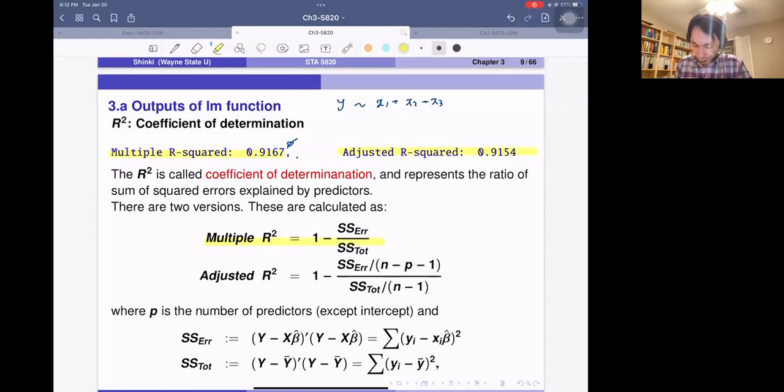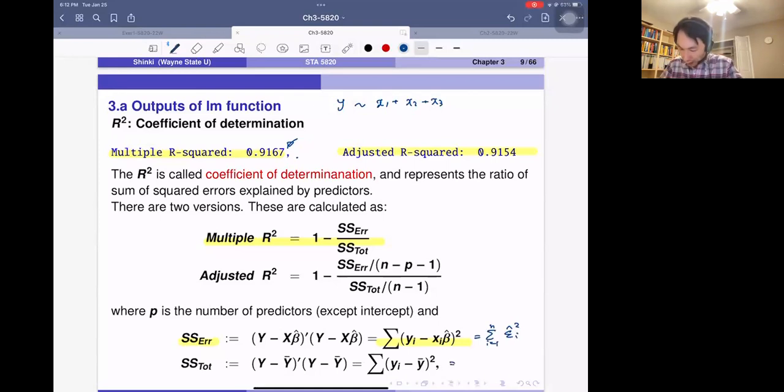What is SS error and SS total? The sum of squares for error is defined by this quantity. So this is basically the epsilon hat squared. This is the error which is not explained by predictors.